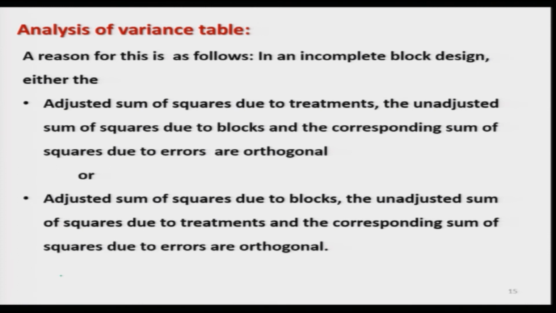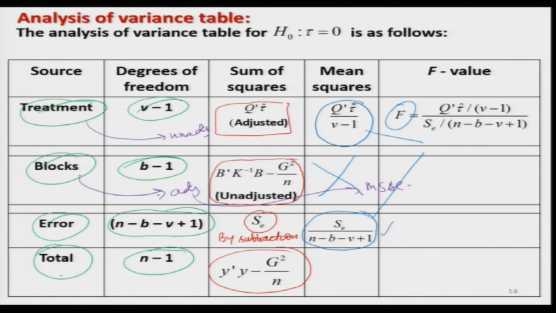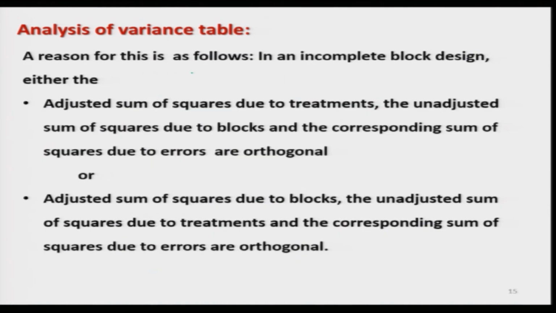Before I explain, if you look into this column here, the sum of squares, you can see that in this case the total sum of squares is equal to the sum of squares due to treatment, that is adjusted, and the sum of squares due to block, which is unadjusted, plus SSE.